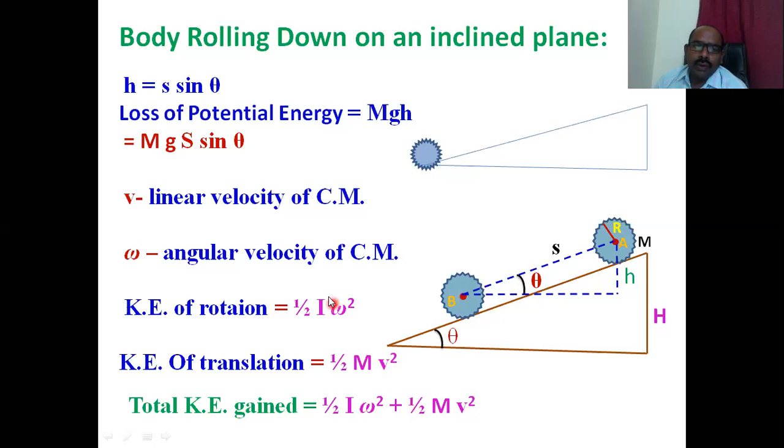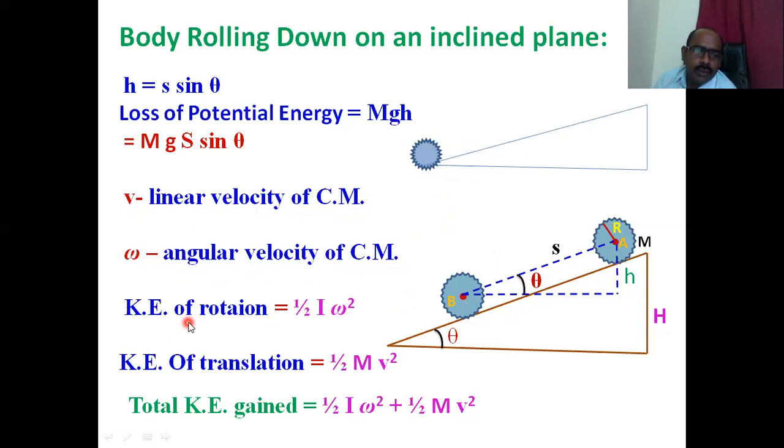So the linear or translational velocity of the center of mass is v, and omega is the angular velocity. This rolling object possesses two types of motion, rotational as well as translational.